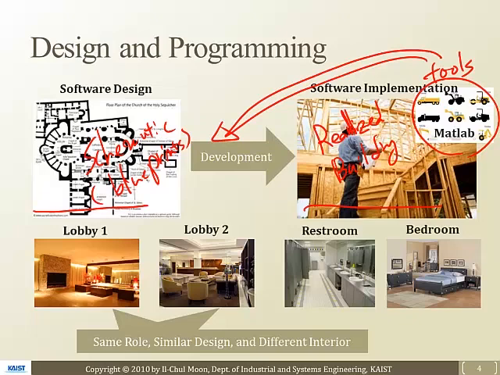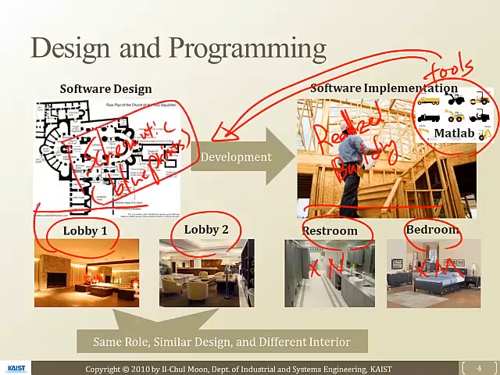And sometimes in the schematics, we have lobby 1 and lobby 2 and restroom and bedroom. Restroom multiple times, bedroom multiple times, right? And even lobby, we sometimes have a couple of lobbies. In that case, the real goal of this schematic is including this lobby and this restroom and these bedrooms, right? And including all these room designs is the goal.